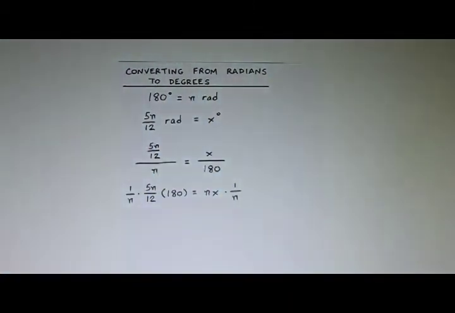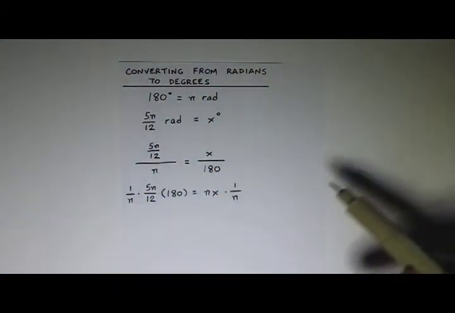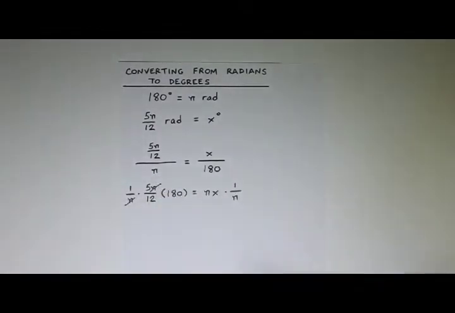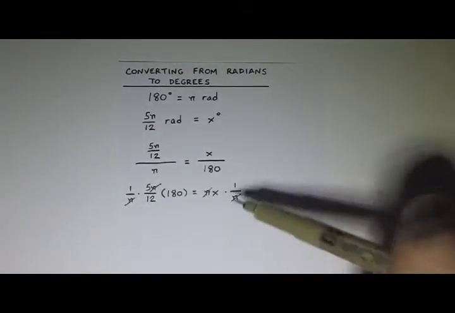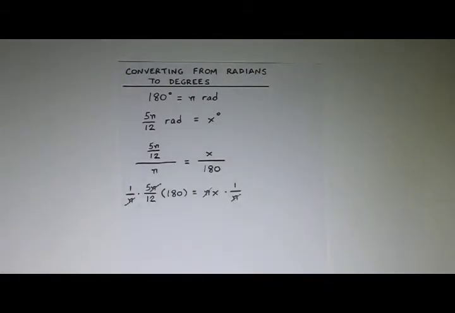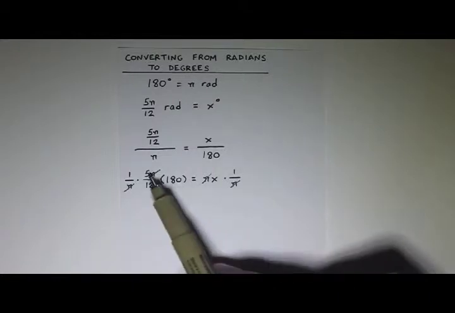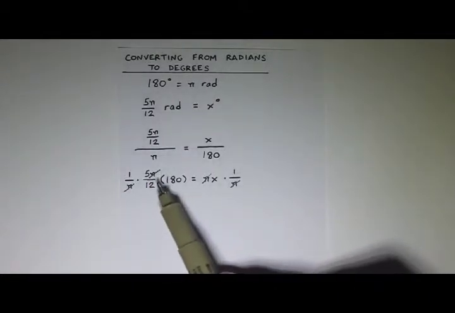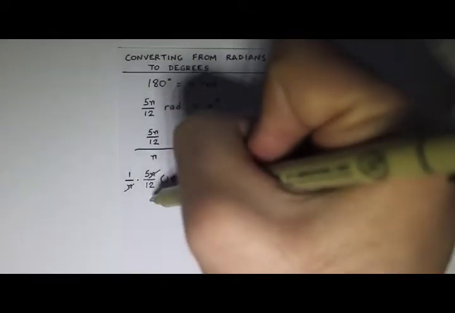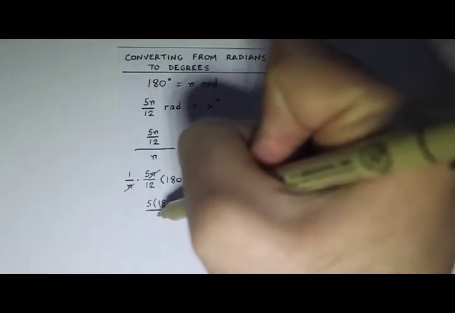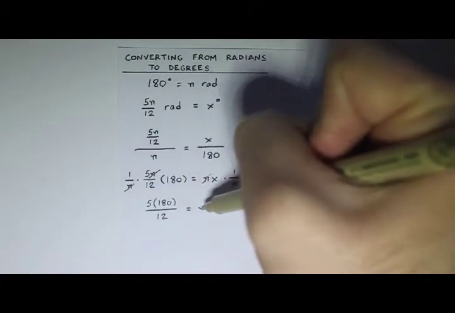Because remember, you can multiply the same thing on both sides of an equation, and that also works. And then I think it's a little easier to see that the pi's cancel here, and then they cancel here too. If you want to divide by pi on both sides, that would also work. Okay, so now I have 5 times 180 divided by 12, and then on this side, I just have x.